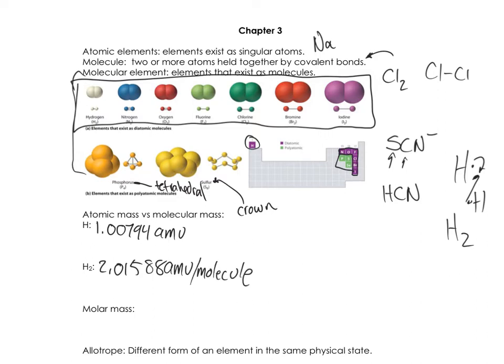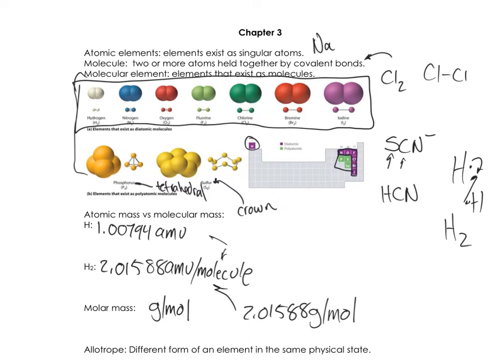Molar mass is a direct scale up of that, but instead of saying AMU per molecule, we go to grams per mole. So for example, H2's molar mass is 2.01588 grams per mole. It's a direct scale up. So instead of doing singular bits, we're going to do an entire mole.